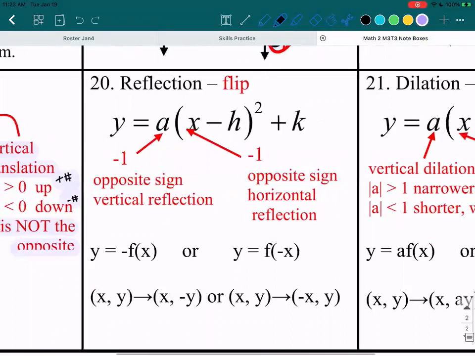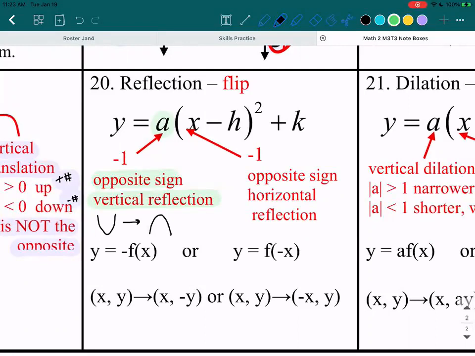Reflection is where you flip the picture around. So if your a is a negative number, then you're going to get a vertical reflection. So that's this number. If it has the opposite sign, which is a negative, then it's a vertical reflection, which means if this is your original, it's going to flip around to become that.